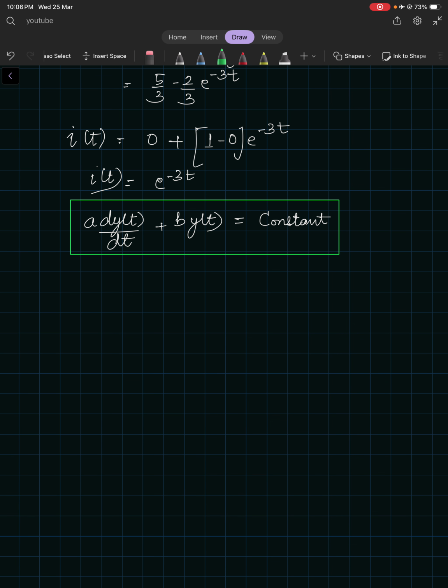So the thing is that your response is always going to start from an initial value, and it will approach a final value, right?